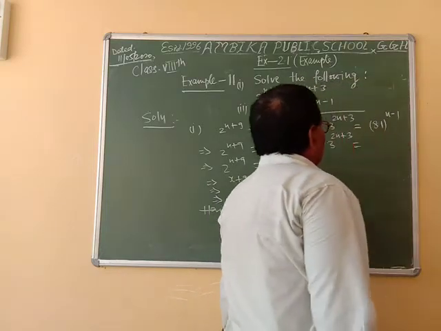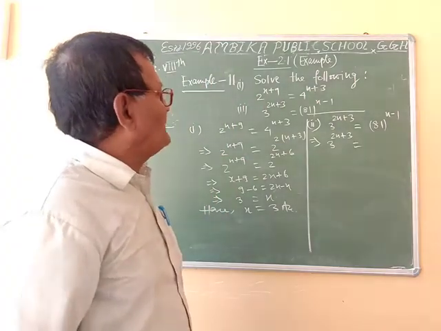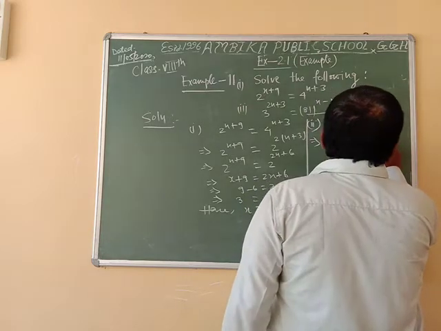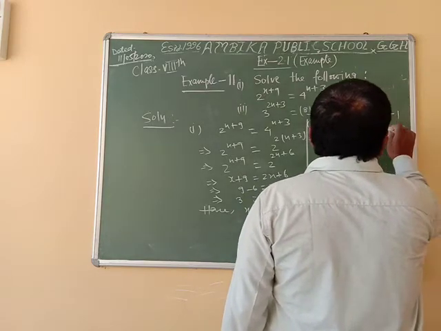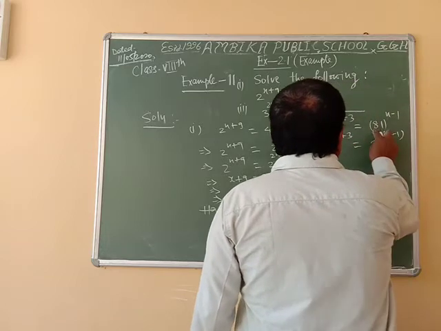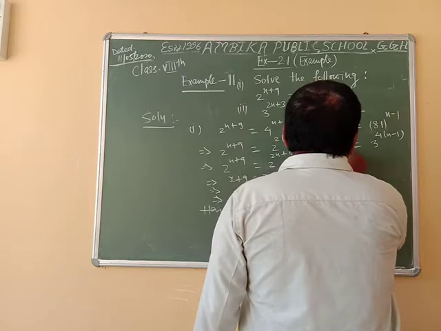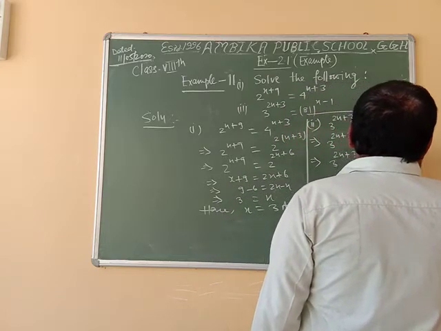For 81 you can write in exponential form 3 to the power 4. So 3^(2x+3) is equal to (3^4)^(x-1), that is 3^(2x+3) is equal to 3^(4x-4).